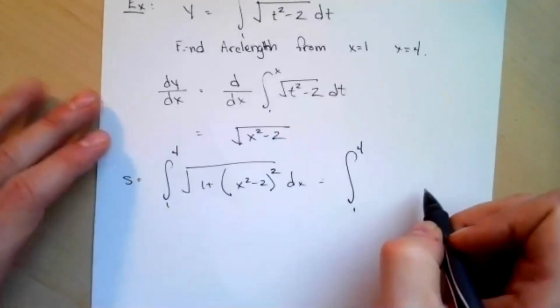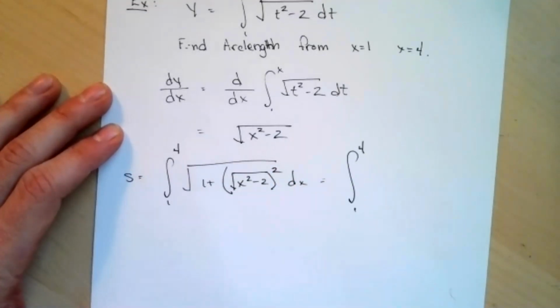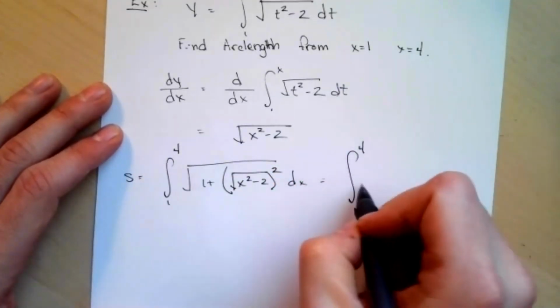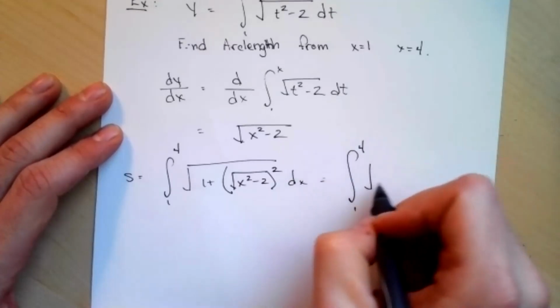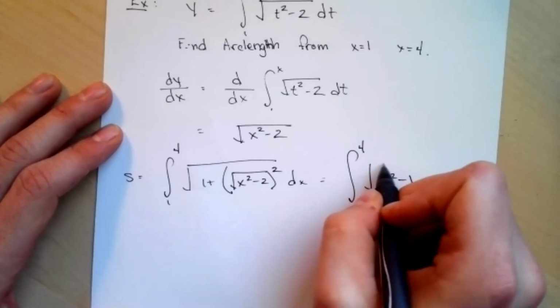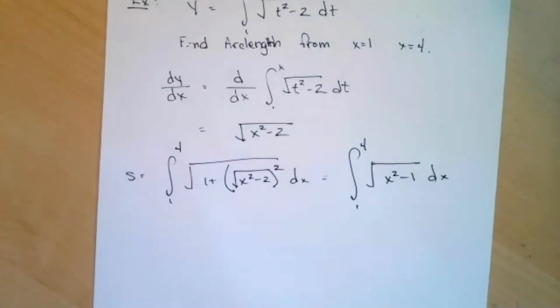Which, nicely enough, when we simplify it, it'll give us square root of x squared minus 1. A little bit easier of an integral. So this one, of course, you'd have to do a trig sub, probably using secants, and then work out the rest.